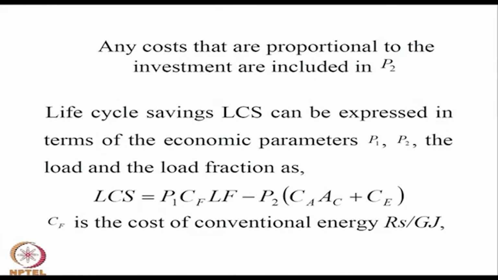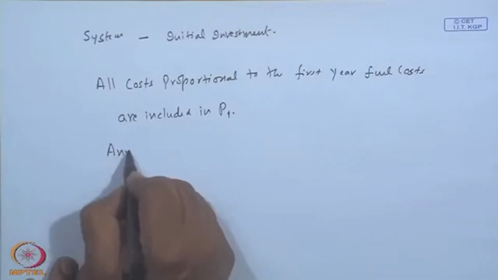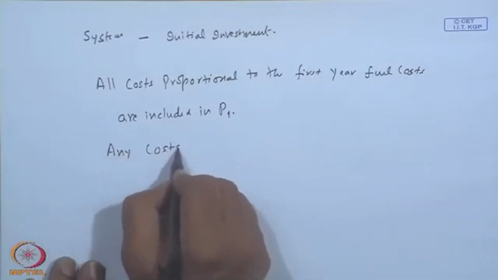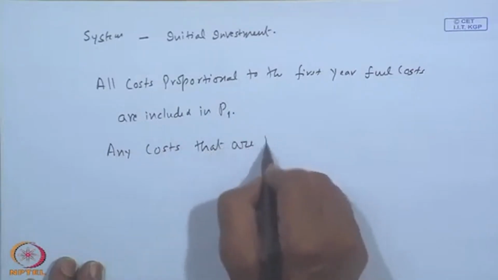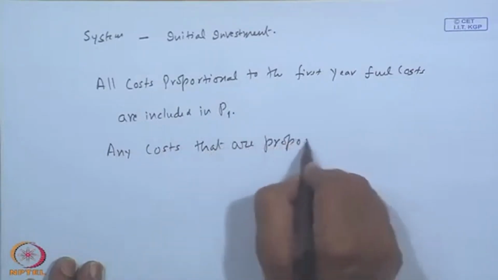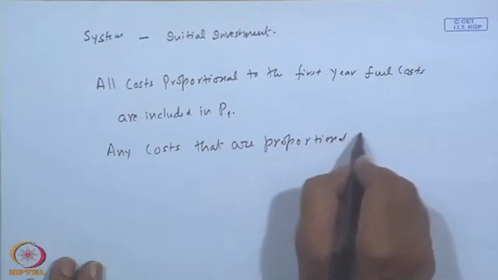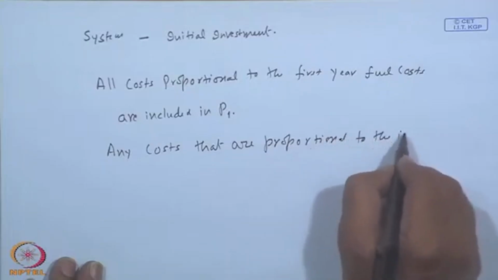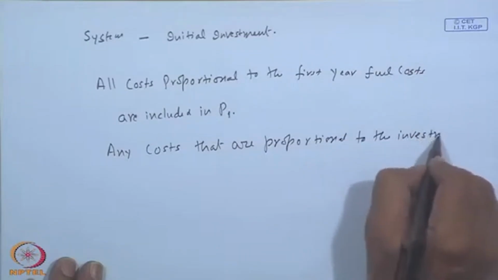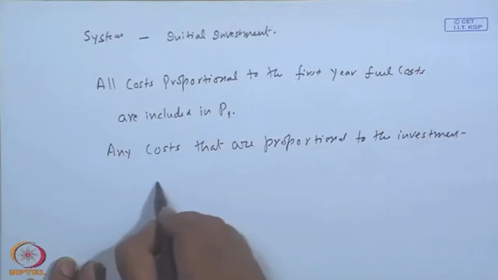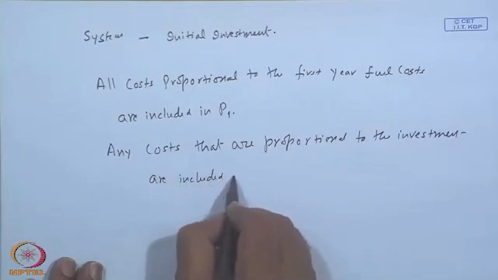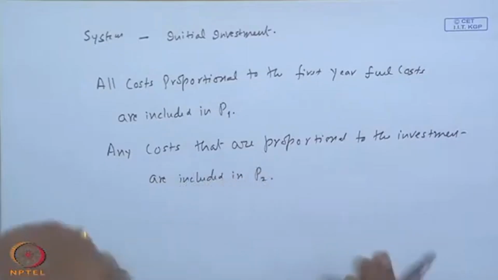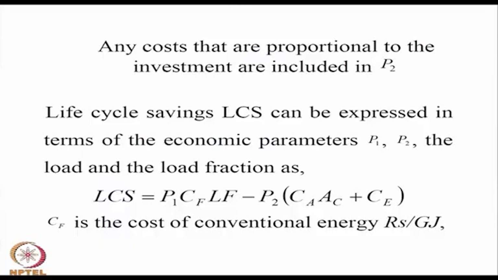Then any costs that are proportional to the investment are included in P2. So, you may make a down payment of 10%.